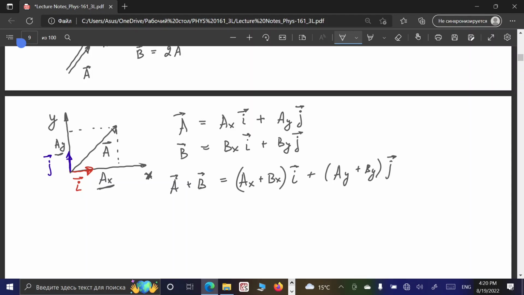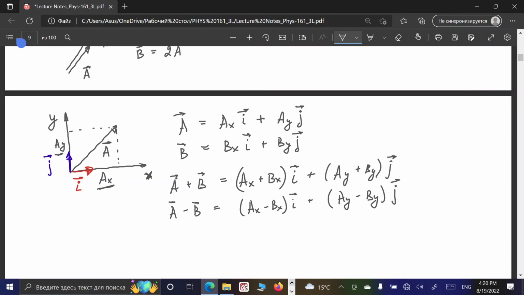If we want to subtract, for instance, A vector minus B vector, that will be (A_x minus B_x) times i unit vector plus (A_y minus B_y) times j unit vector. So this is about doing these simple operations, plus and minus of vectors. When we represent them in terms of unit vectors, it becomes way more practical.